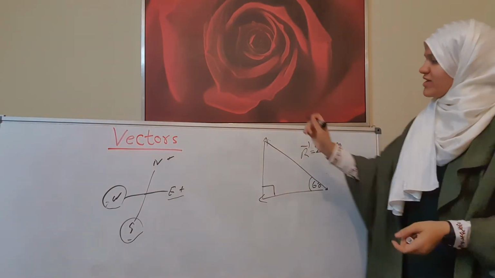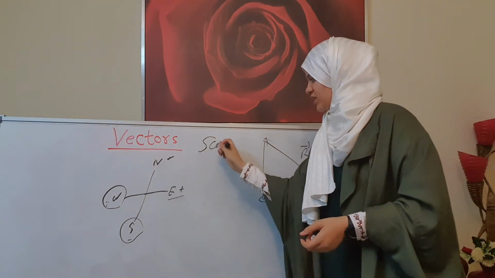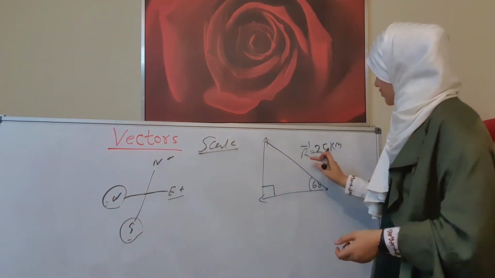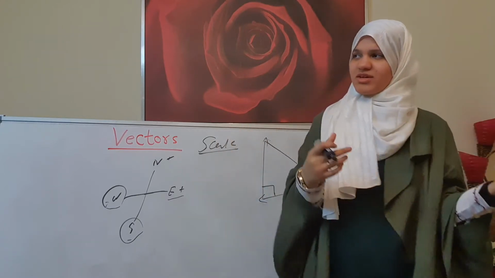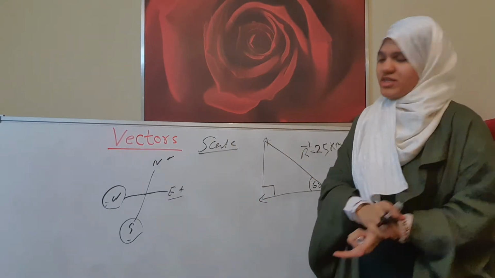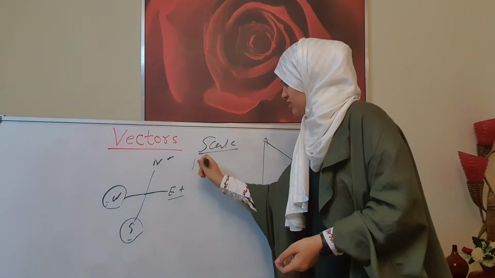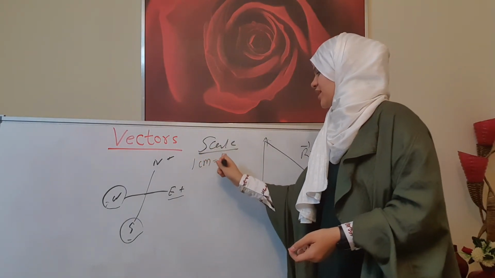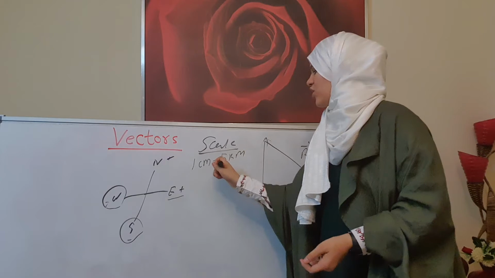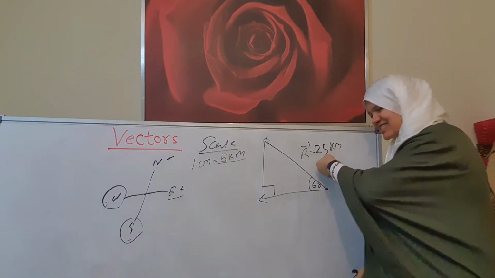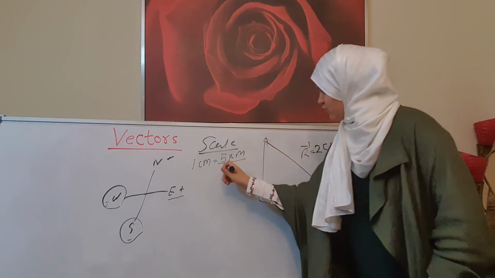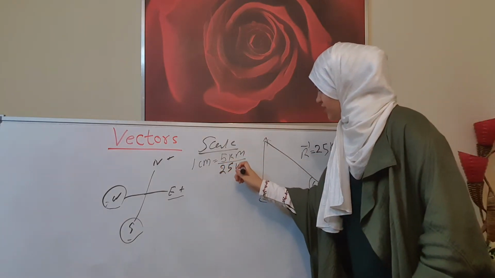Now we'll make the scale here. For example, I measure that 1 centimeter is equal to 5 kilometer. Okay, over 25 kilometer, because we want to find the centimeter of this number. So we'll make here 25 kilometer.